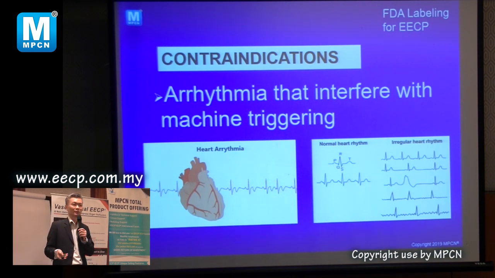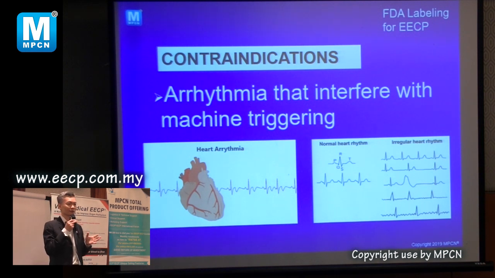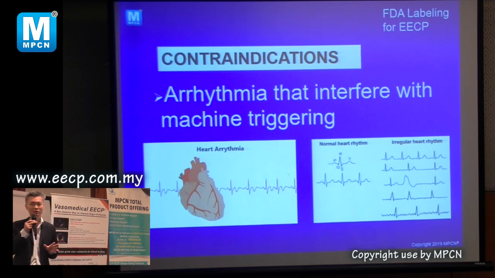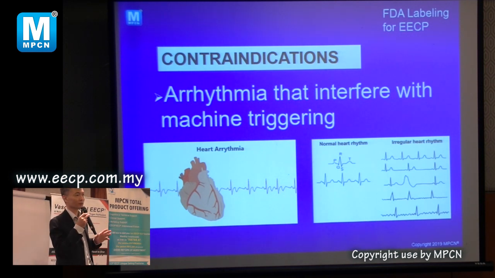And then the other thing is that the machine works best when the heart rate is low. You see the heart contract and then this machine pumps. So if your heart rate is very fast, 100 or 110, you pump and relax, so not so useful. Ideally, the patient that will work best, most ideal, is when the heart rate is about 50 to 60.